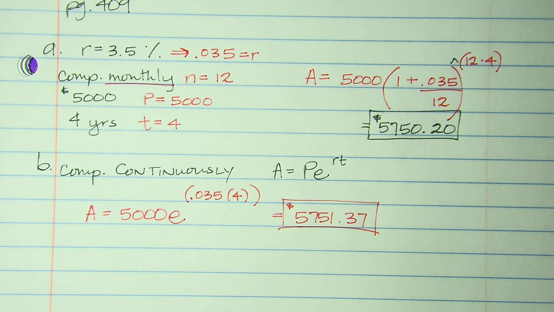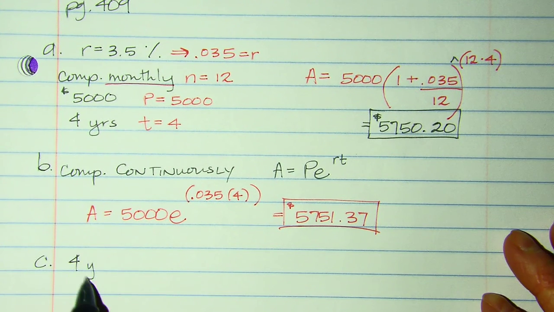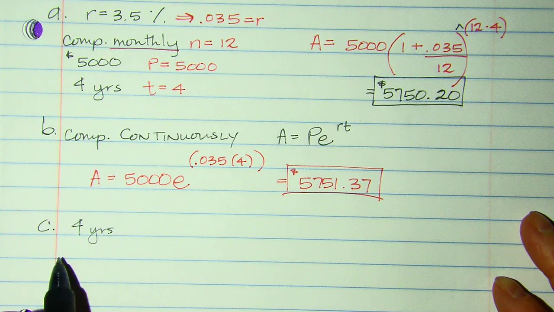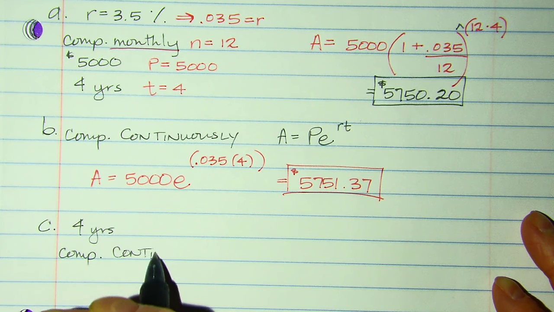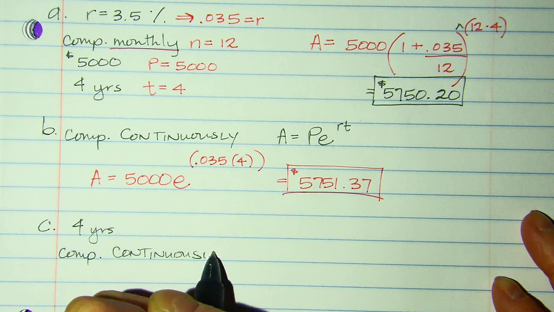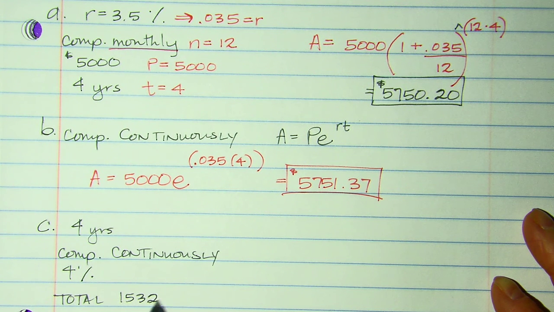Now, part C. This says after 4 years, it's being compounded continuously at 4%, and it has a worth, a total, of 15,320.